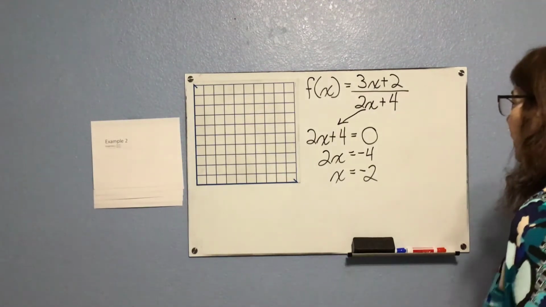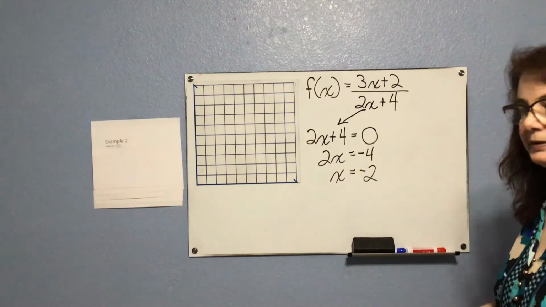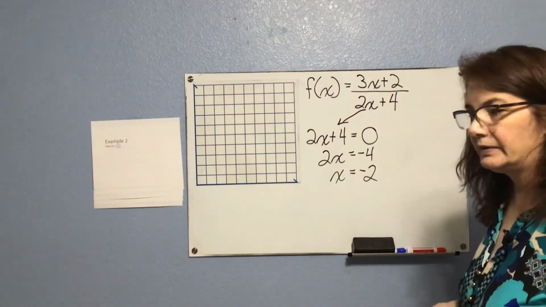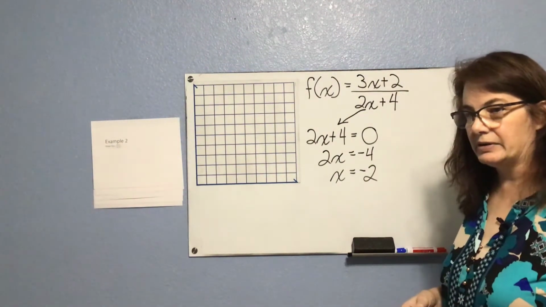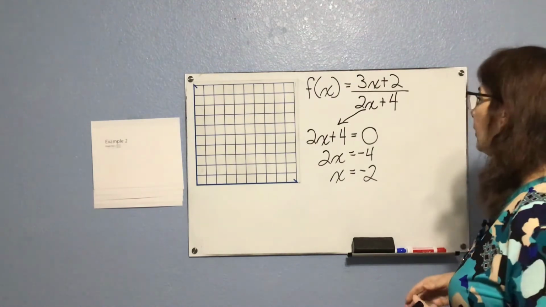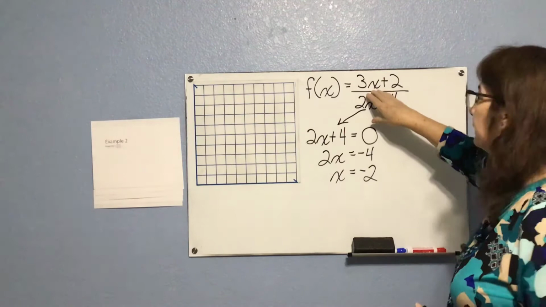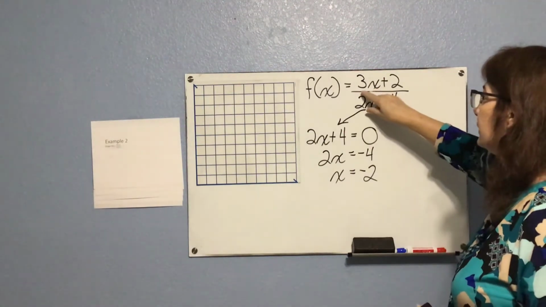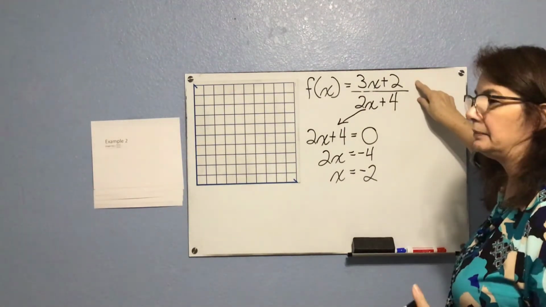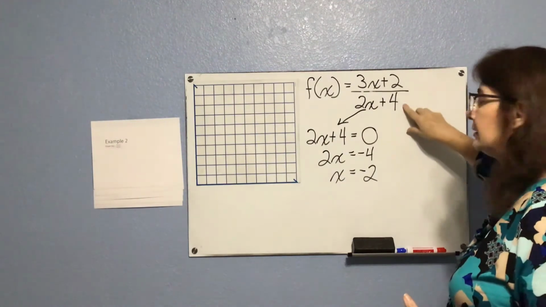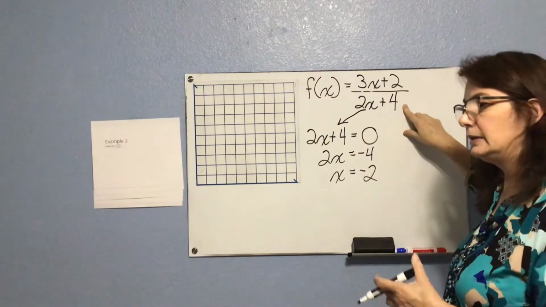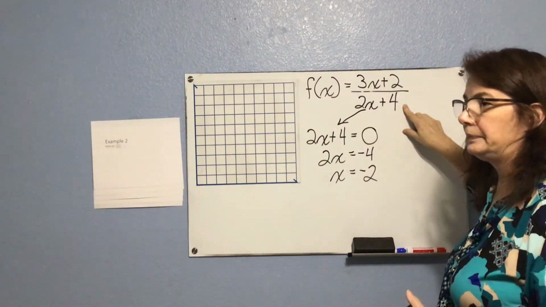Now we want to think about what happens to this graph when x gets very, very large or very, very small. So let's look at large first. Let's say x is 1,000,000. Then the numerator would be 3,000,000 plus 2, and the denominator would be 2,000,000 plus 4.